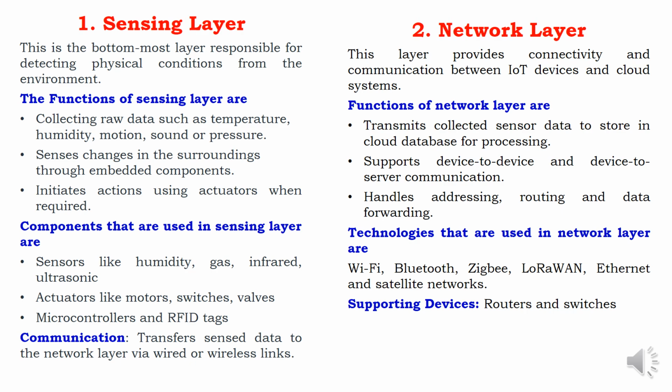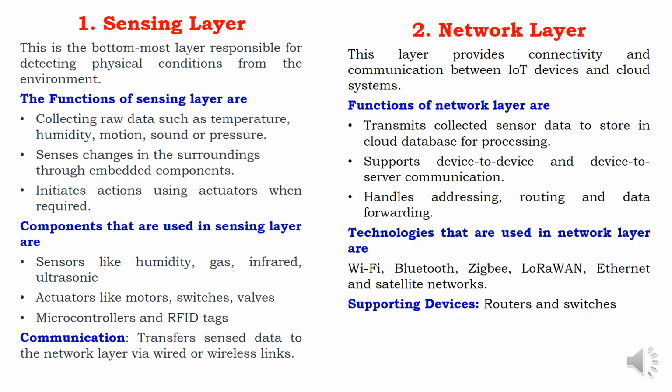Components that are used in sensing layer are sensors like humidity, gas, infrared, ultrasonic, actuators like motors, switches, valves, microcontrollers, and RFID tags. Communication. The sensing layer transfers sensed data to the network layer via wired or wireless links.